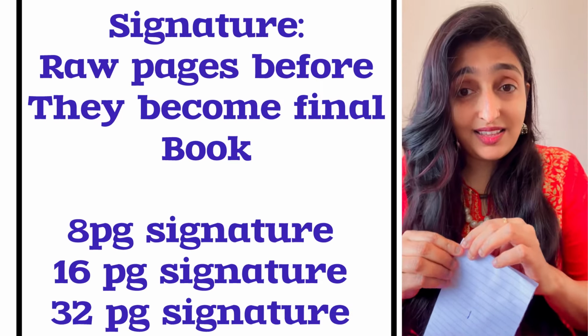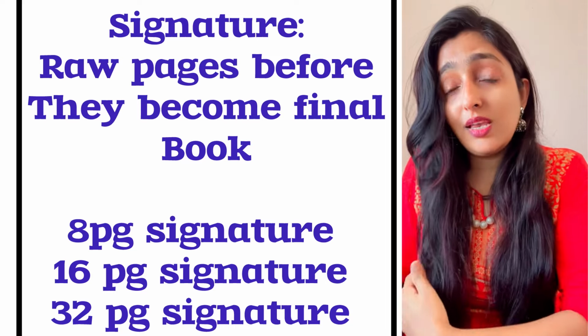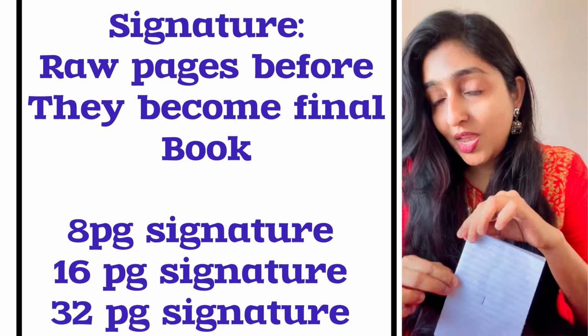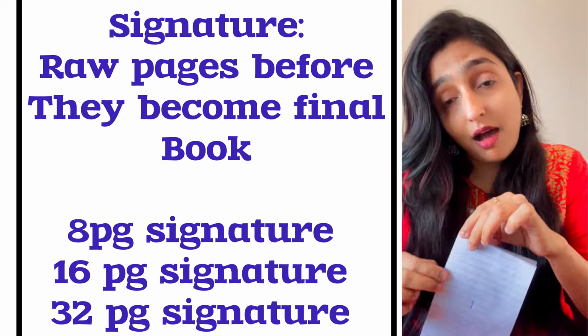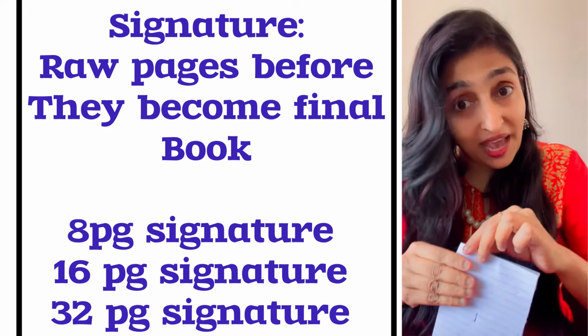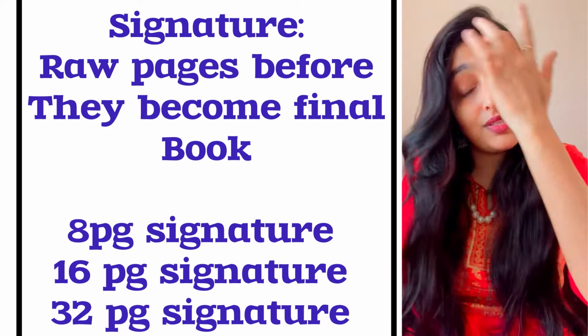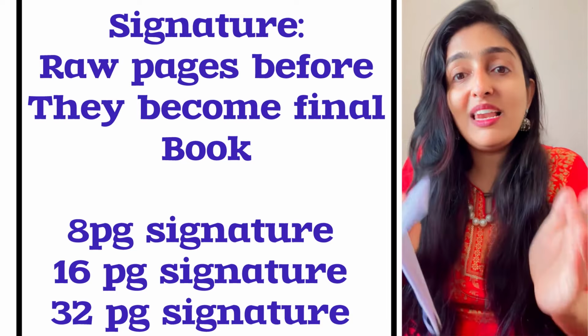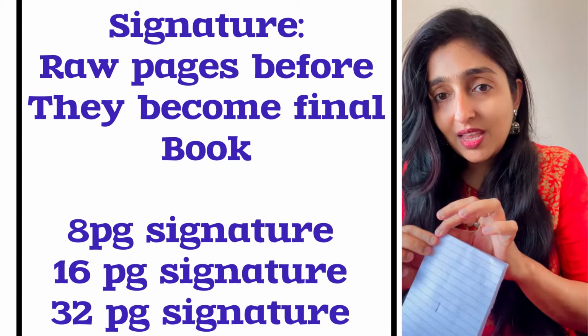Next, and one of the important components is a book signature. Now, what is that? Those are the raw pages before the pages actually turn into a final published book.